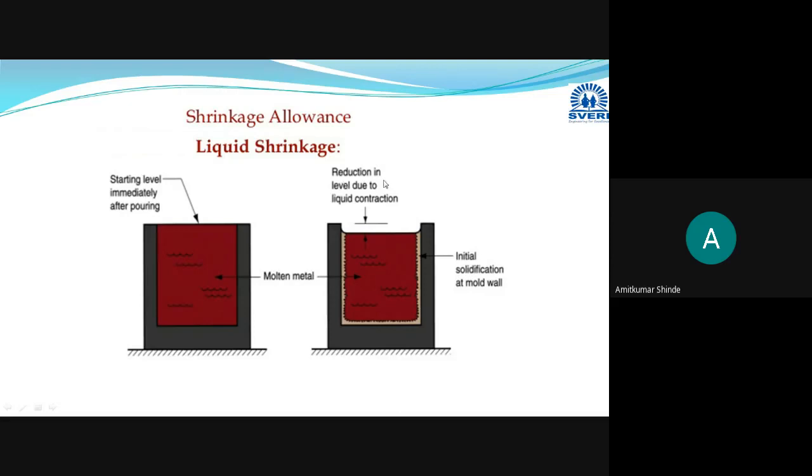Now there is a reduction in the level due to the liquid contraction. This liquid will get reduced. Before solidification of the molten material, some contraction in the size of the liquid will occur. This is in the liquid state only, and the reduction has occurred here.